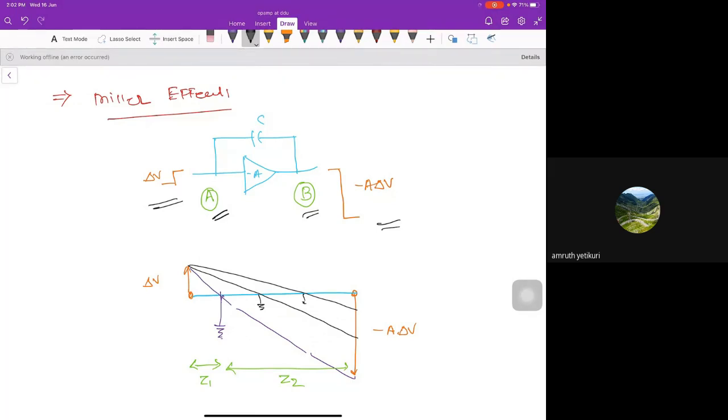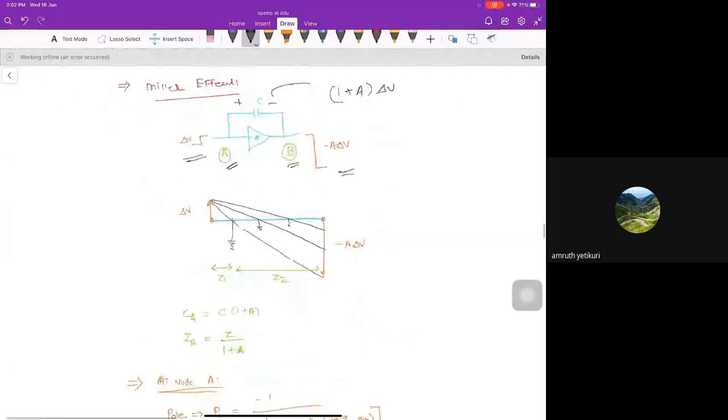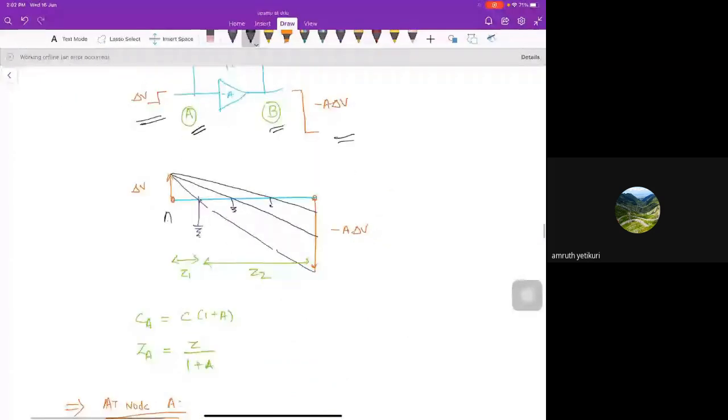So across the capacitor the voltage is (1 plus A) times delta V. Definitely the charge will be more, and the equivalent impedance of the capacitor will change. So at node A I am giving a delta V perturbation, and at node B I am getting minus A times delta V. Traveling from node A to node B, I am getting the positive C into the negative thing.